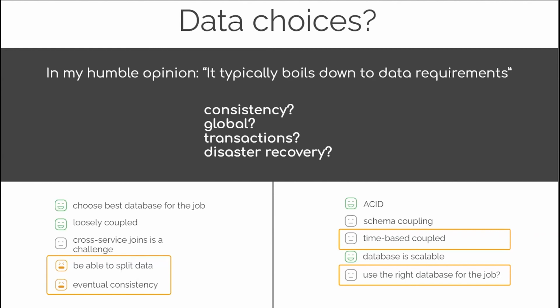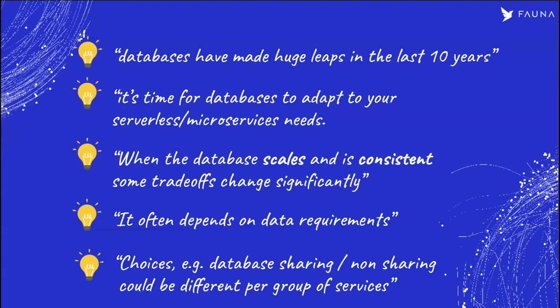Perfect, go for it. Do you accept eventual consistency? That's already something you have to think through, because often the issues with eventual consistency are only apparent after your application starts to scale. And then can you find workarounds for the time-based coupling? And do you want to use a different database for a specific microservice?